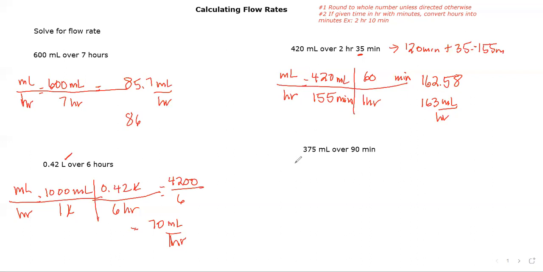All right, last one here. We're again solving for mils per hour. I have 375 milliliters over 90 minutes. I'm going to need to cancel out my minutes and get hours on the bottom, so 60 minutes are in 1 hour.